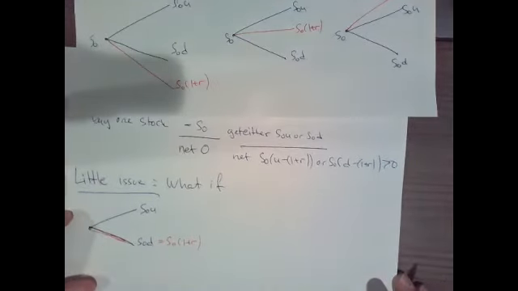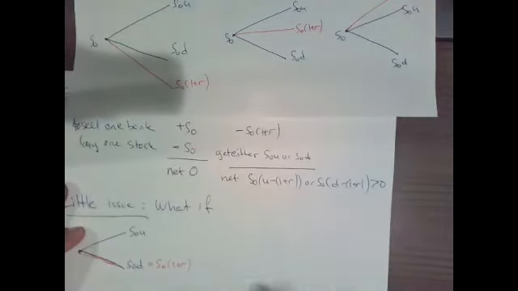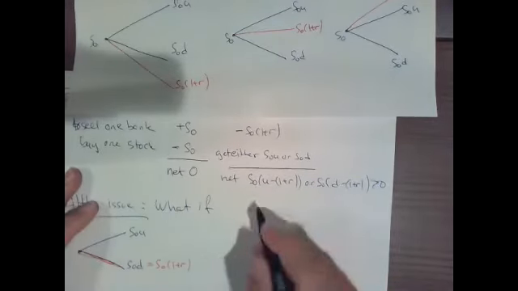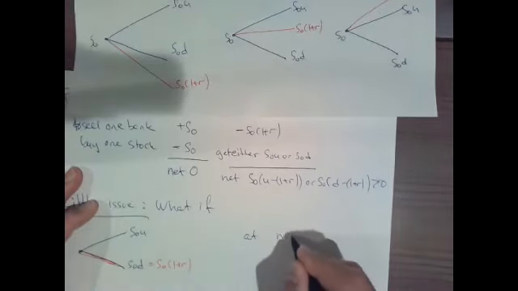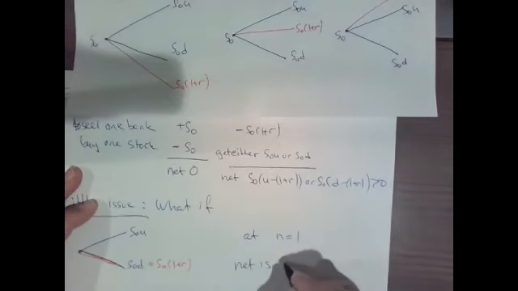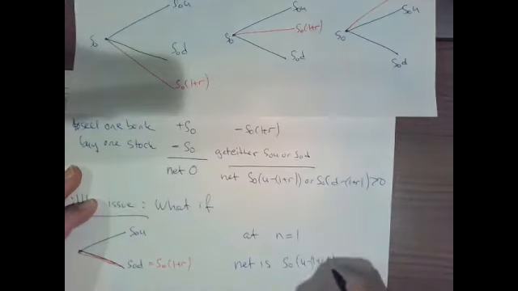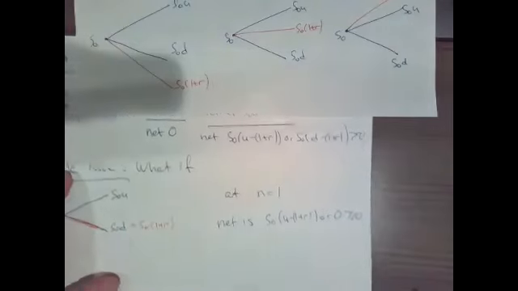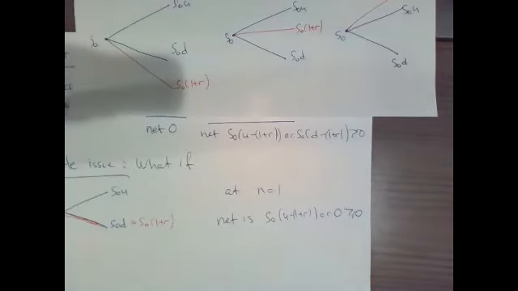Can you still do it? Yeah. The thing that would change is that in the future, at time 1, the net is S0 times U minus 1 plus R, or 0. So then this is bigger than or equal to 0. Is that still arbitrage? This is still arbitrage.